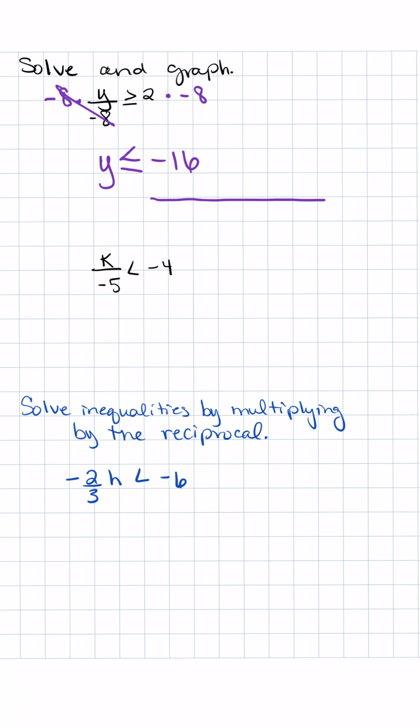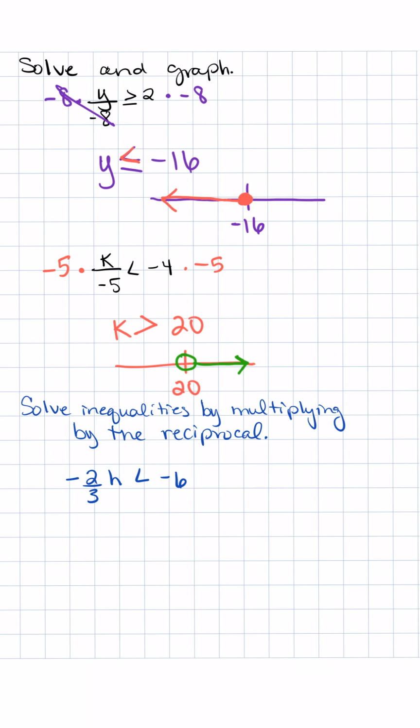Here is our line. We have negative 16. Y is smaller than that. What did I tell you about the shape of the arrow? A circle is filled in because it's either less than or equal to, and our arrow goes that direction. Go ahead and try the next one on your own.